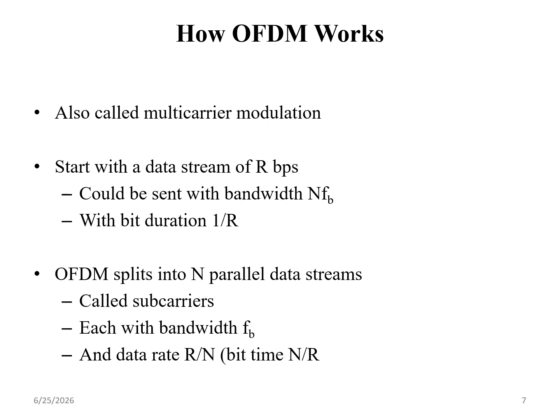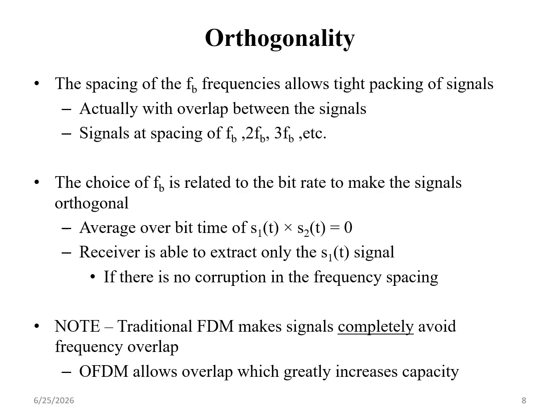The data rate is going to be R divided by N. R is your data, N is N number. OFDM splits into N parallel data streams. It is also called a subcarrier modulation technique, each with bandwidth and data rate R divided by N. In this manner, OFDM works.